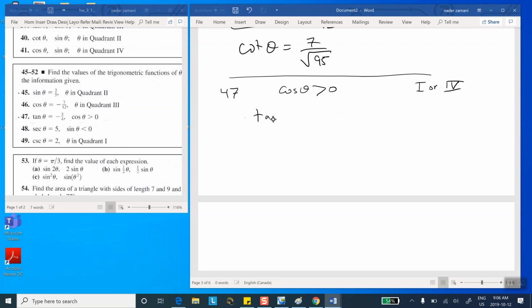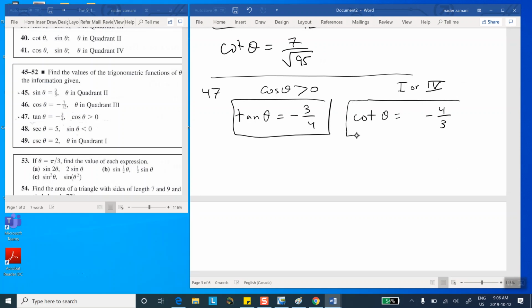We are told that tangent of theta equal to minus 3 over 4. Okay, this is given to us, so immediately cotangent of theta is equal to minus 4 over 3. I made a mistake here. What I meant here was 2.